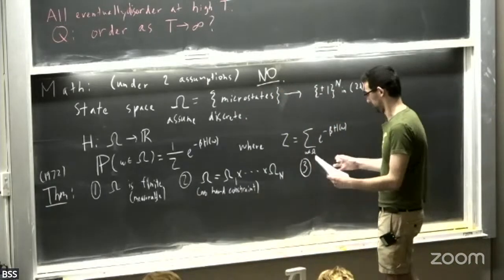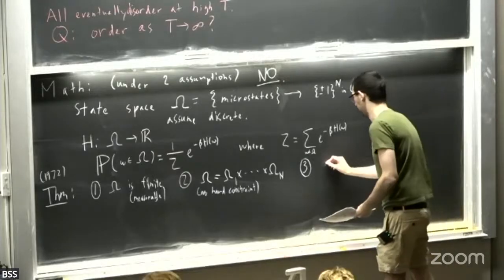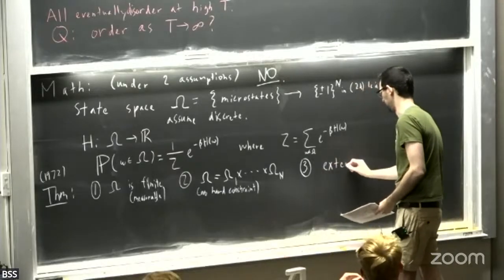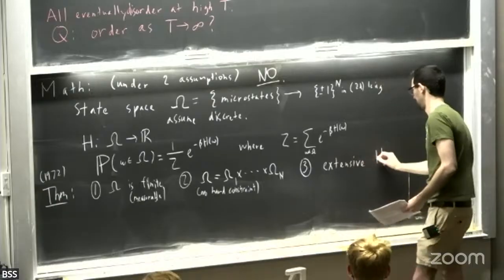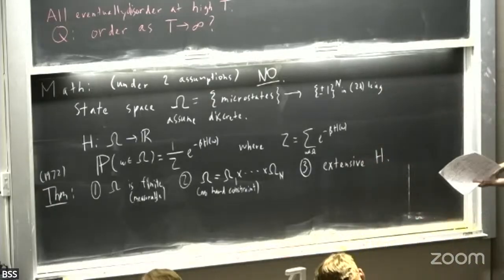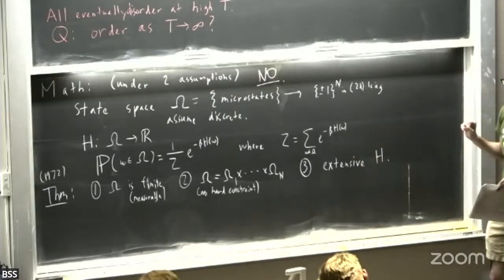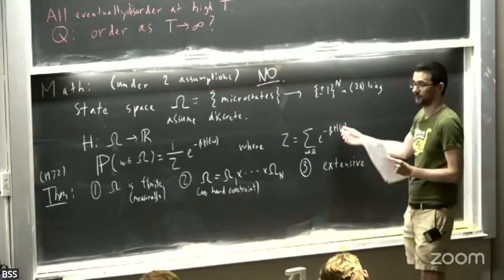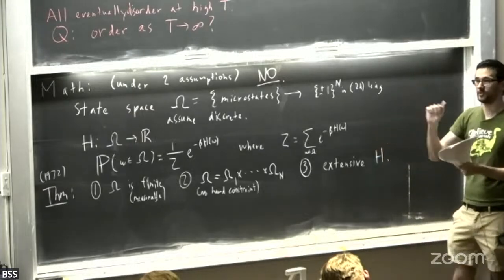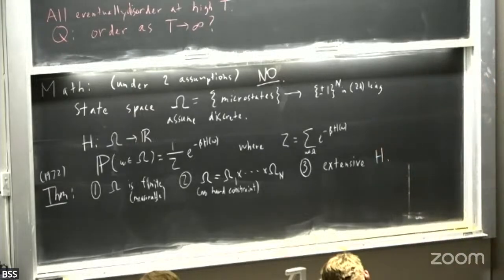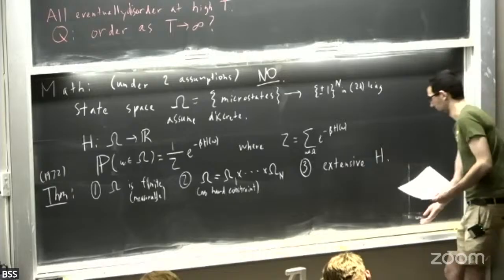And third, if anyone wants me to spell this out a little more, I could, but let's just say if we also have an extensive Hamiltonian, so like each spin flip can only change the energy by order 1. Okay.